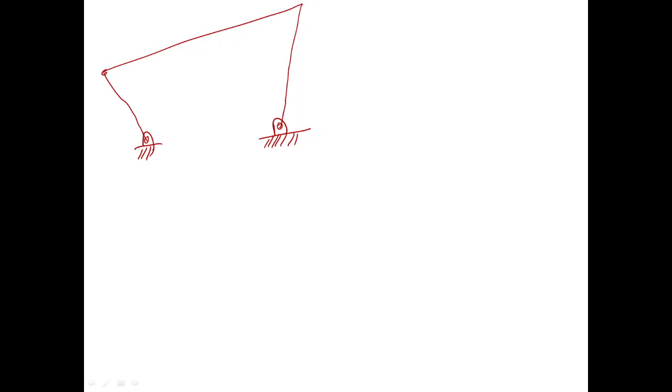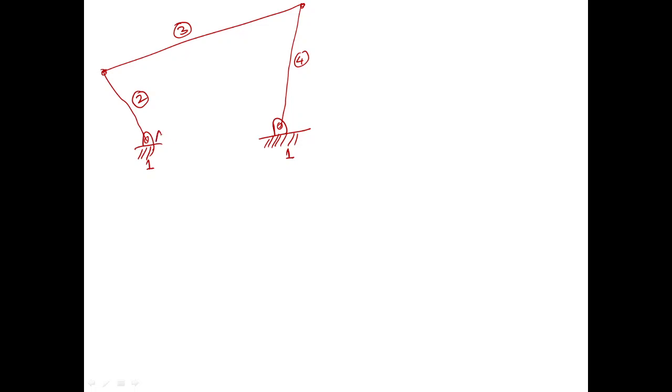Now let us mark here. This is a fixed element 1, this is crank 2, this is connecting rod 3, and this is follower 4. Let us name here.